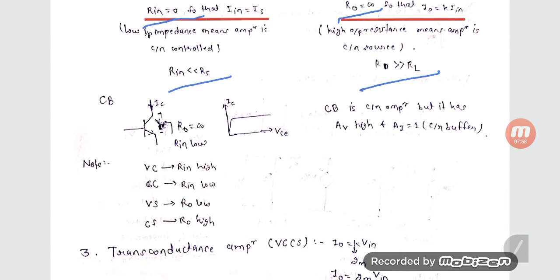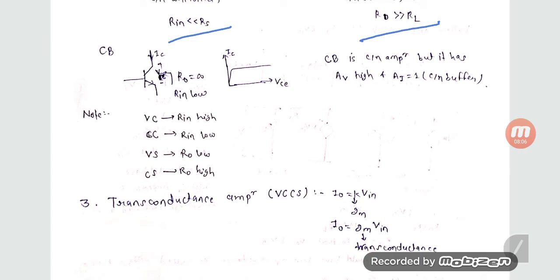Okay, if you understand these two amplifiers, you will automatically understand the other two amplifiers, transconductance and transresistance. For example, as a current controlled current or current amplifier, the example is the common base amplifier. This provides you high voltage gain, but it is a current amplifier because of its input and output resistance values.